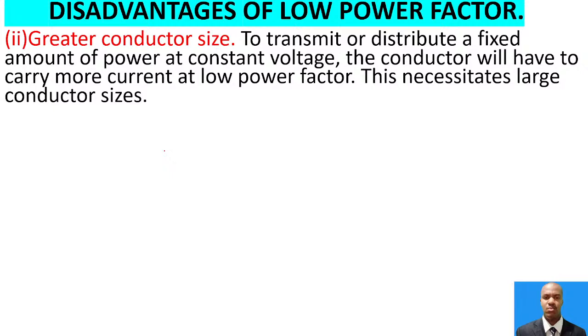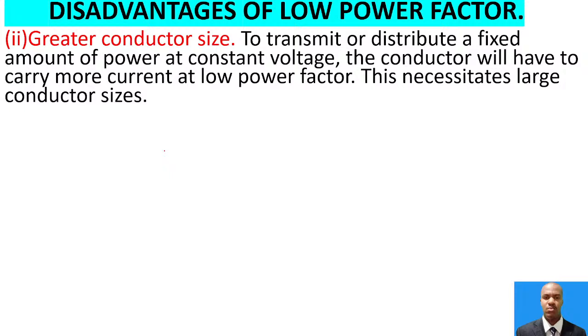So we have a greater conductor size, and you can simply say the size of the conductor always depends upon the magnitude of the current in that line or circuit, and therefore to transmit or distribute the same power at a low power factor, the conductor has to carry more current, which increases the size of the conductor, and this again makes the system very expensive.